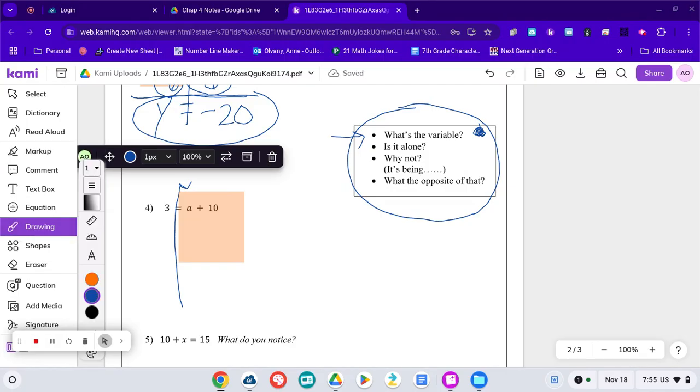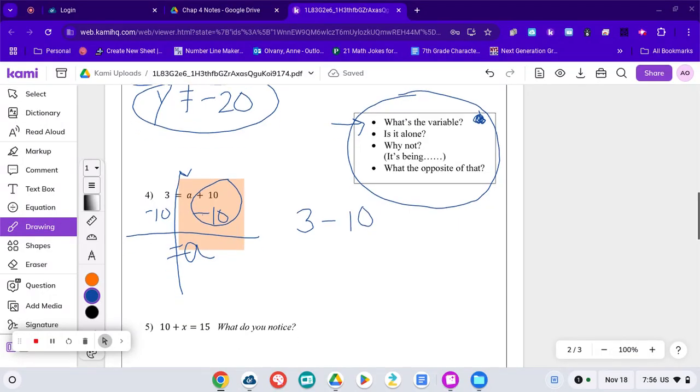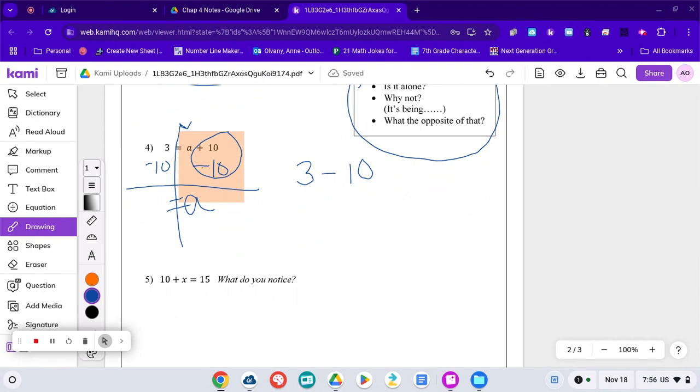It's being added to 10, and the opposite of add 10 is subtract 10. These 10s, positive and negative, go to 0. We bring down our a. And be careful here, you want to make sure to type into your calculator exactly what you see, 3 minus 10. And that comes out to be -7.